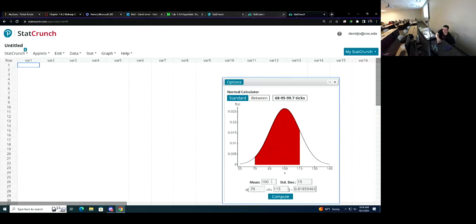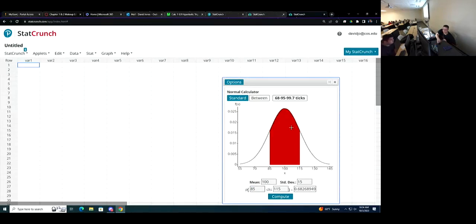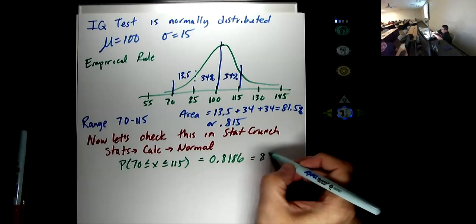If I did exactly 85 to 115, I should get 68 because it's the two tick marks, but I don't. I get 68.2689. So this is 81.86%.